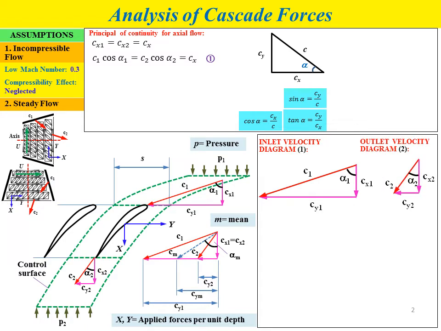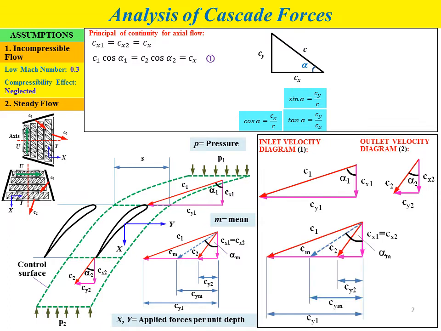At the outlet, we have the velocity diagram for C2: C2, alpha 2, the X component Cx2, and the Y component Cy2. And we can combine both diagrams into one single velocity diagram for both inlet and outlet of the cascade blade.